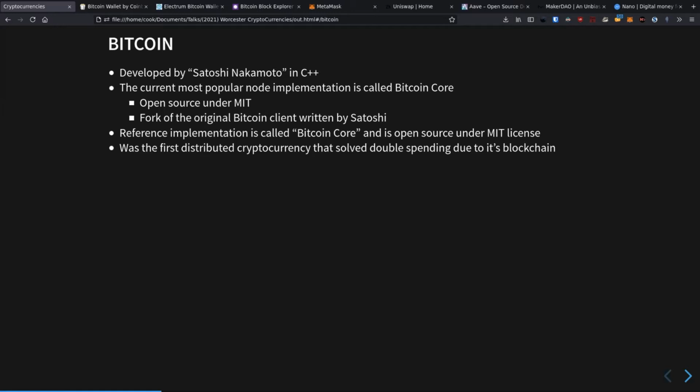It was the first cryptocurrency that solved double spending, though, because in a lot of original cryptocurrencies, it was possible to send money to somebody and then use that same money to send to somebody else, called a double spend, which is invalid. So Bitcoin solved that with the use of the blockchain, because through looking through the previous blocks, you can verify that that money has not been spent before.